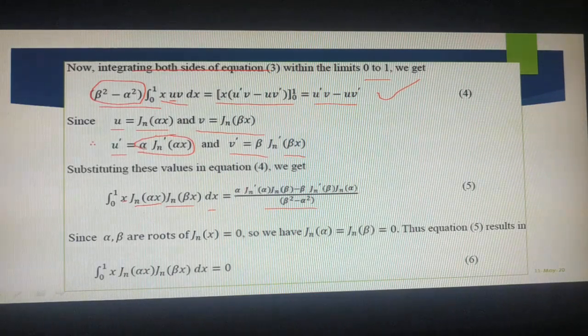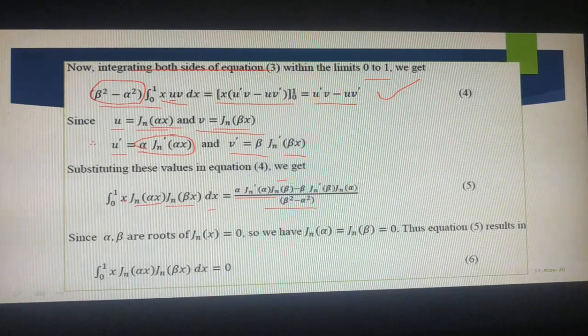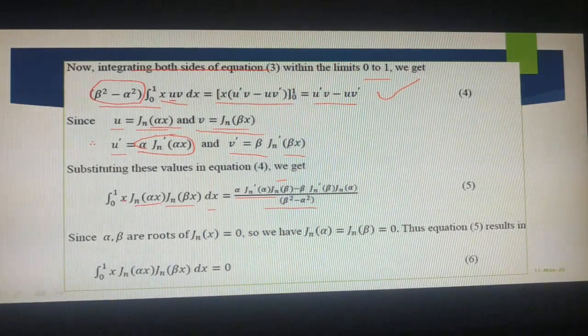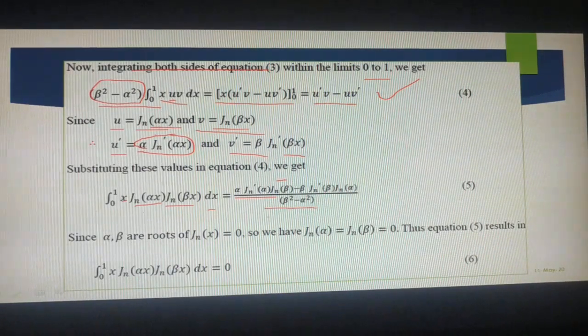Okay, this I am substituting here, u dash into v. V is already, you know that, jn of beta x, that you are substituting here, and next is u v dash. Again, the u value is here, jn of alpha x into v dash, that is beta jn dash of beta x. Okay, so that's how we got this result.